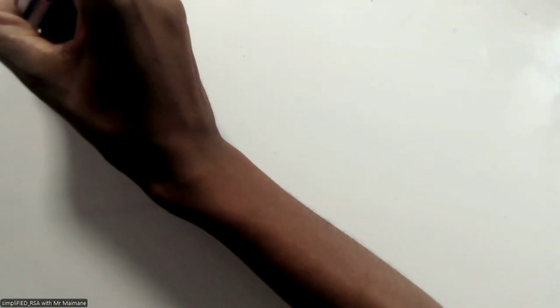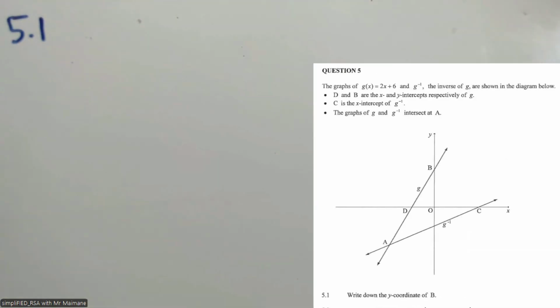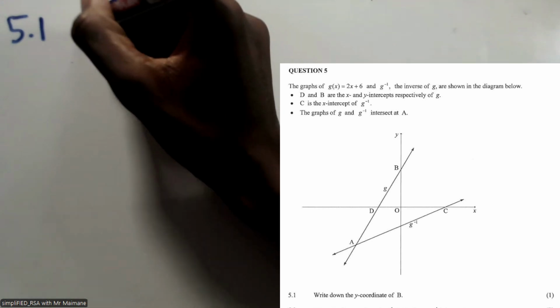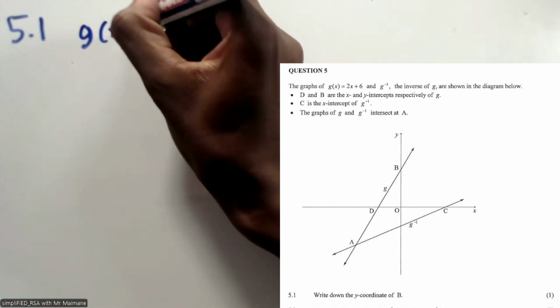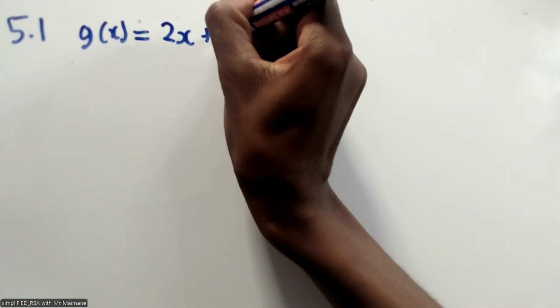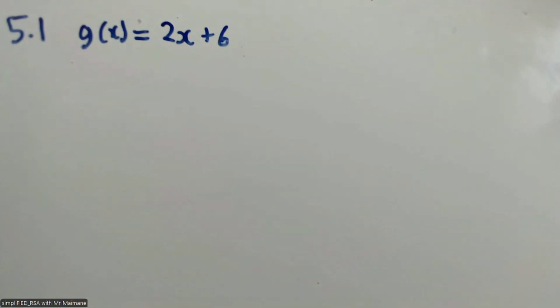So for 5.1, everyone can see that this is small waters. We have to write down the y coordinate of B, and B is from the function of g. We are given that g of x equals 2^x plus 6. What do we know? We let y be 0 to get the x-intercept, and we let x be 0 to get the y-intercept.